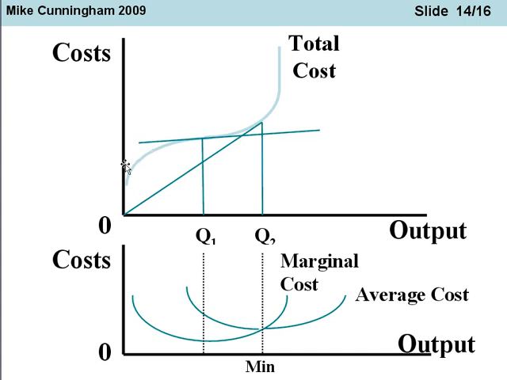The ones earlier down here were tangential. This one's tangential, although it's a point of inflection. This one over here is tangential. So it must be that the marginal and the average are the same at this point. Both are just tangential. So the gradient of this line is the average cost and the marginal cost.